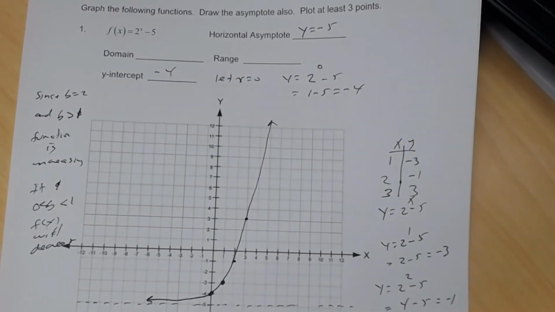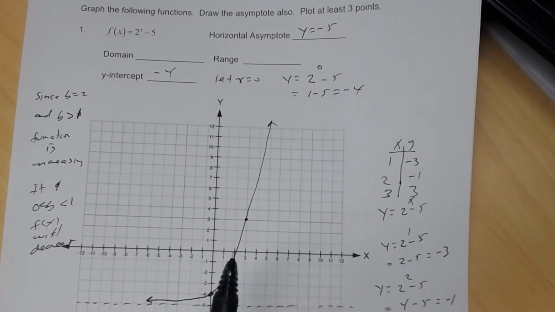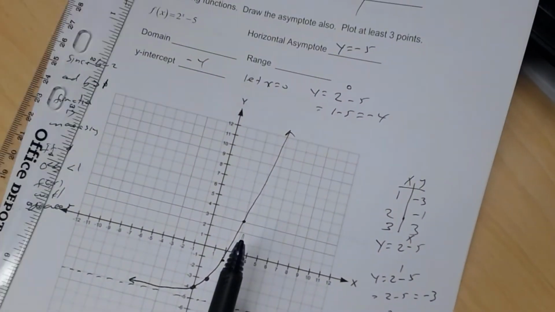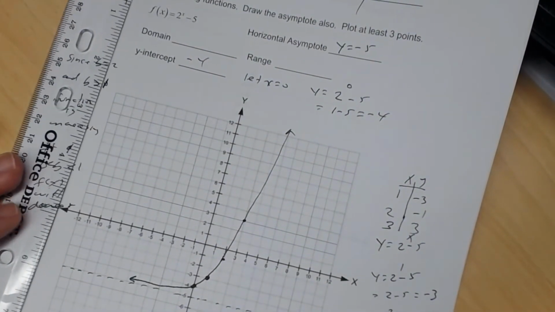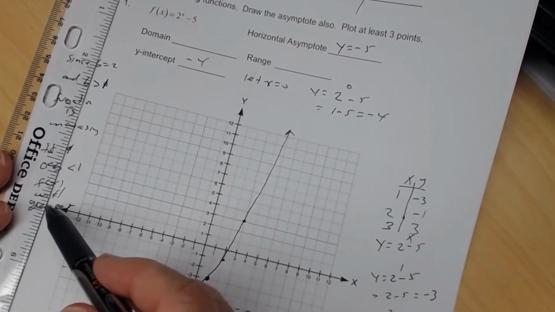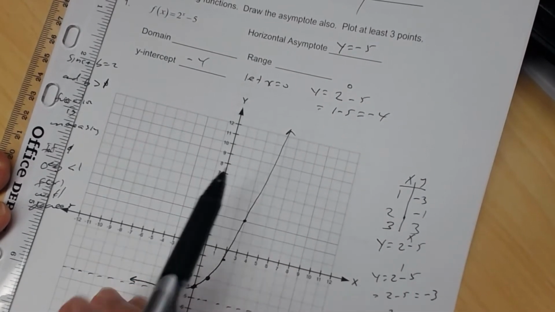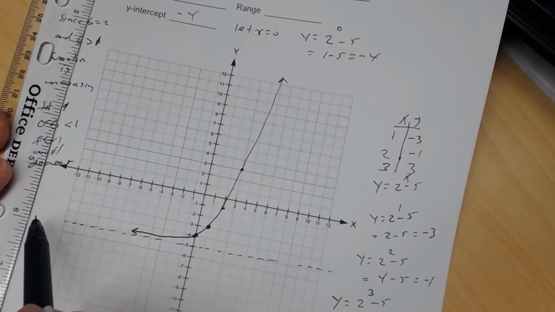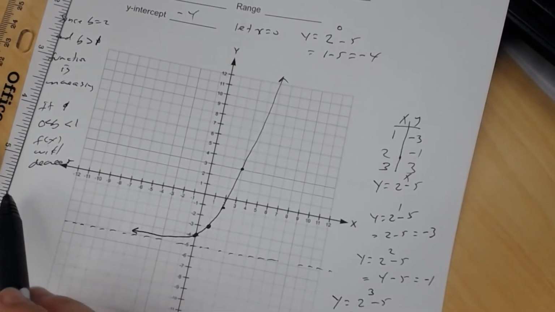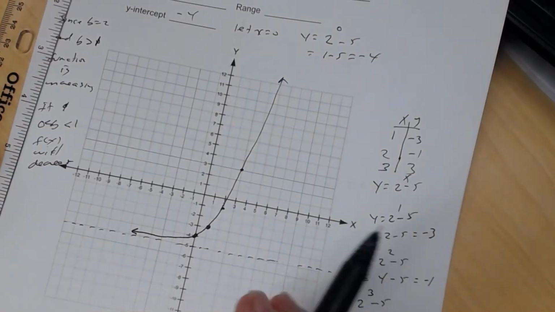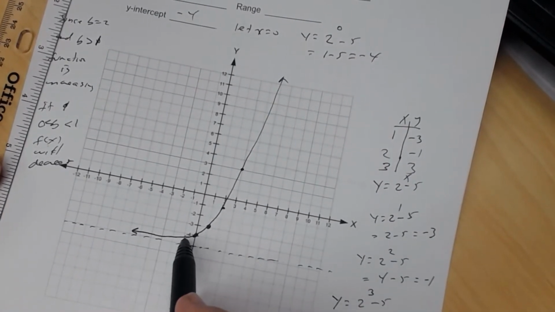Okay? All right, now let's talk about the domain. Domain, if you look at this, as you go along the x-axis, so if I look at negative 200 right here, am I going to get a point on the graph? Yes, it's going to be closer and closer to negative 5. Even negative 1 million, it will be closer and closer to negative 5. So remember this, the y values get closer and closer to negative 5.